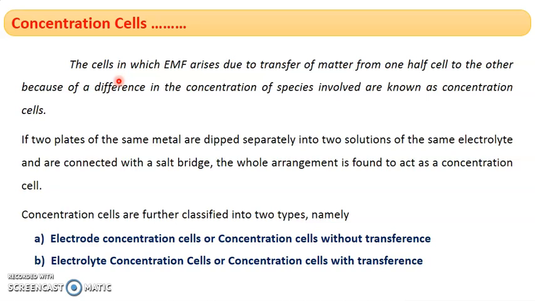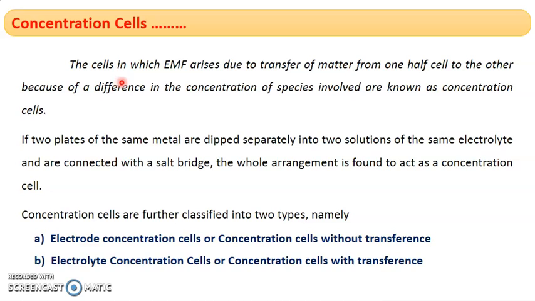So similar or identical electrodes are used. For example, two zinc electrodes of same concentration or two zinc electrodes of different concentration. These are used in concentration cells. In galvanic cells, we use different electrodes, say for example, a zinc electrode coupled with a copper electrode.